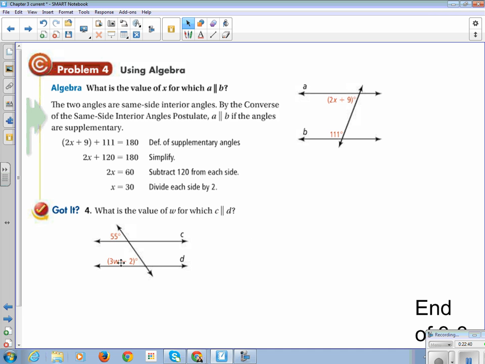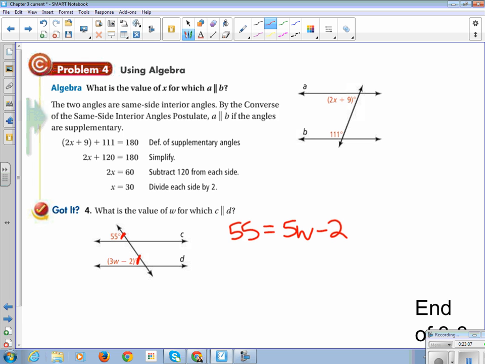So we are going to do the same thing for number 4. We have to look, is this angle here congruent or supplementary to 3w minus 2? Congruent. If they look the same, they are the same with parallel lines. So we are going to set them equal to each other because congruent angles have equal measure.